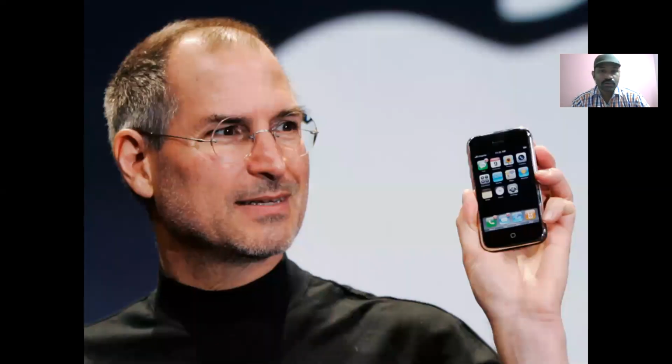Similarly, here is Steve Jobs, late Steve Jobs, former CEO of Apple company, co-founder too. Today, Apple company is because of Steve Jobs, a very innovative personality.